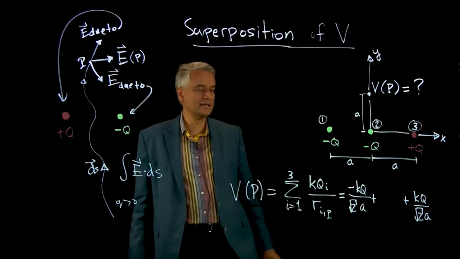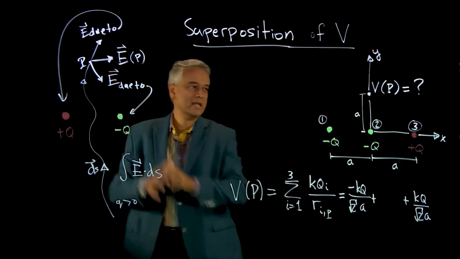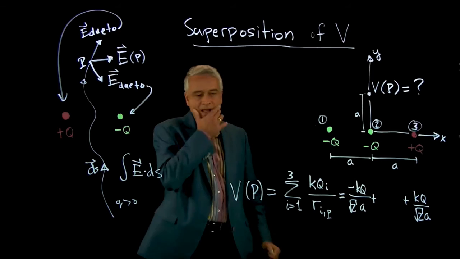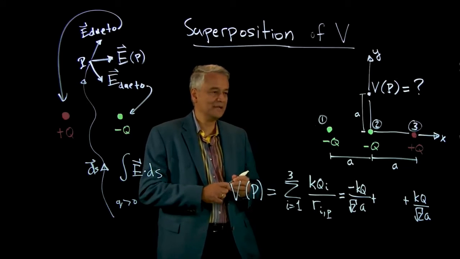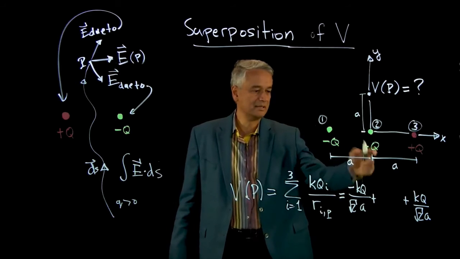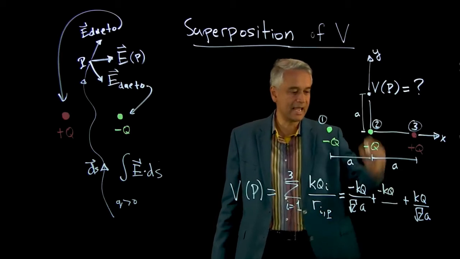So what we're going to learn is that the way you go from potential back to vectors involves looking at the slope of this scalar function. But for right here, let me just end by finishing the problem. I left out charge 2. Let's put it back in. I've got a minus kQ divided by a distance a.